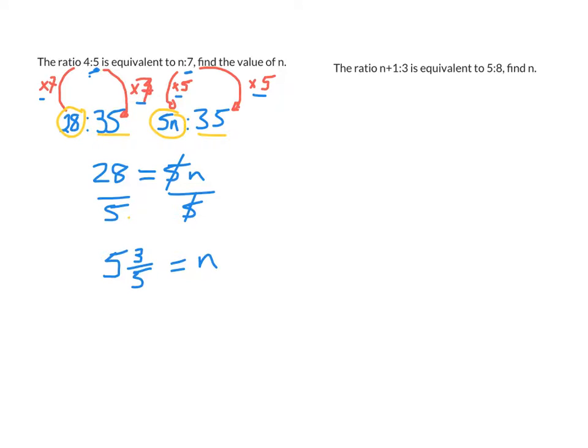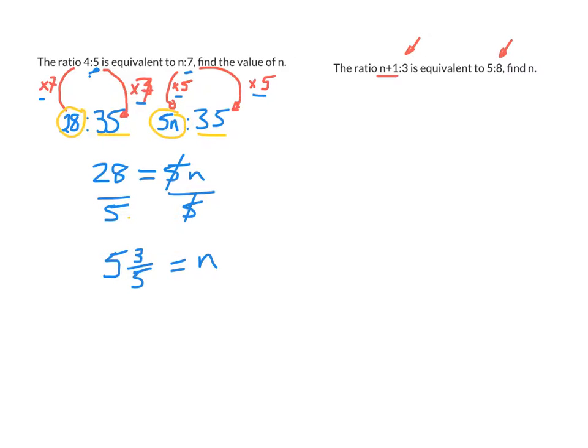This is only more difficult because now we're looking at n plus 1 as opposed to just n or v or t. So the same principle applies. Here we are, 3 and 8. There are two numerical values. Let's see what we need to multiply each part by to make them equivalent.